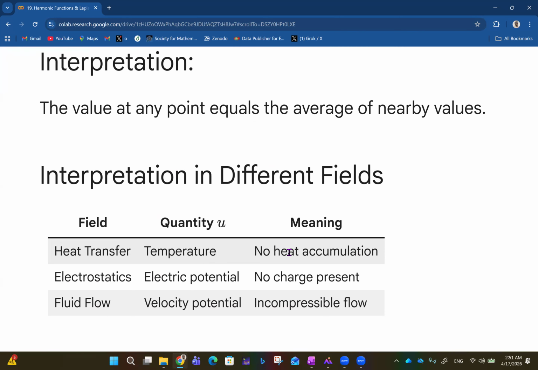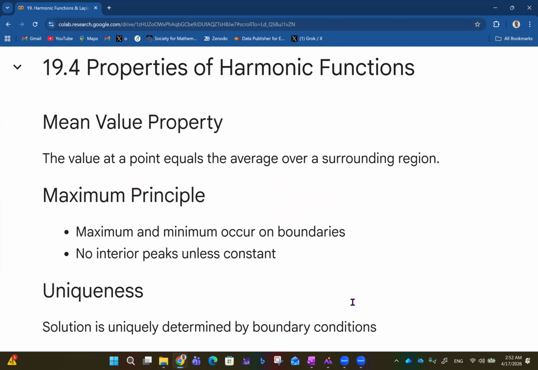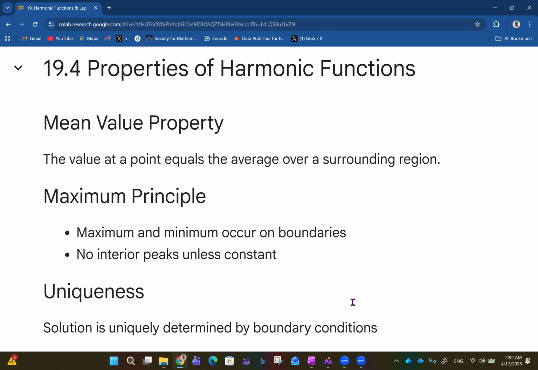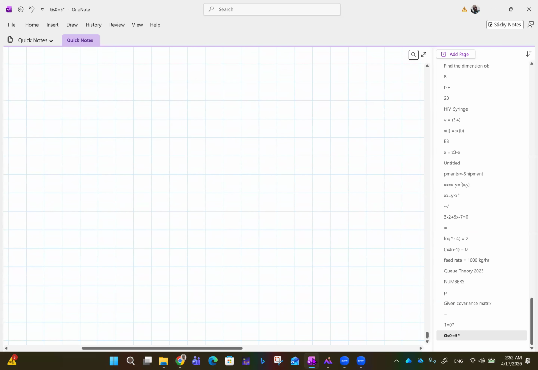So talking about properties of harmonic functions now, we have the mean value property. The value at a point equals the average over a surrounding region. By way of illustration, let's say this is a kind of fluid or anything, maybe charge or heat.